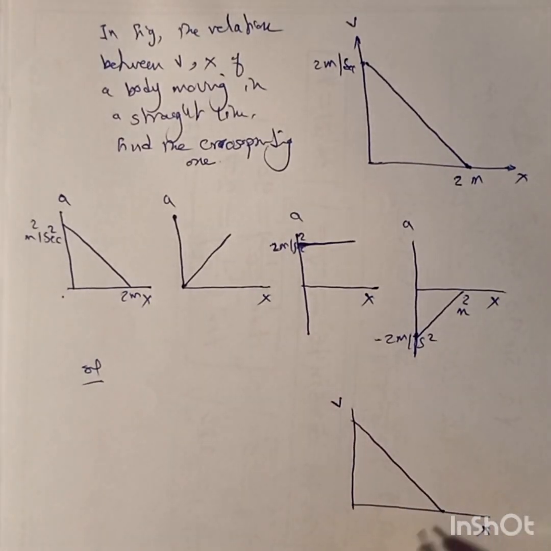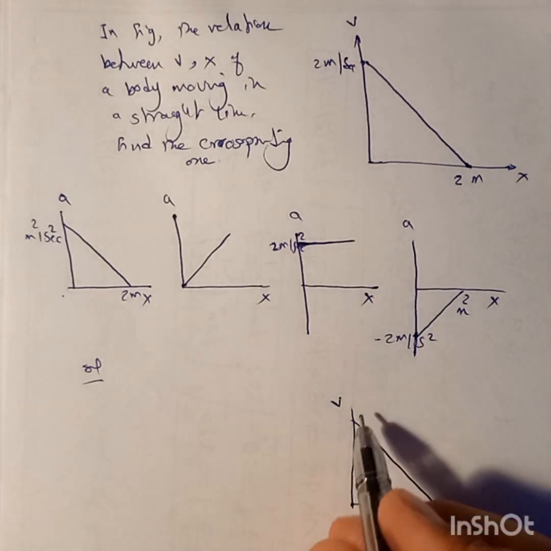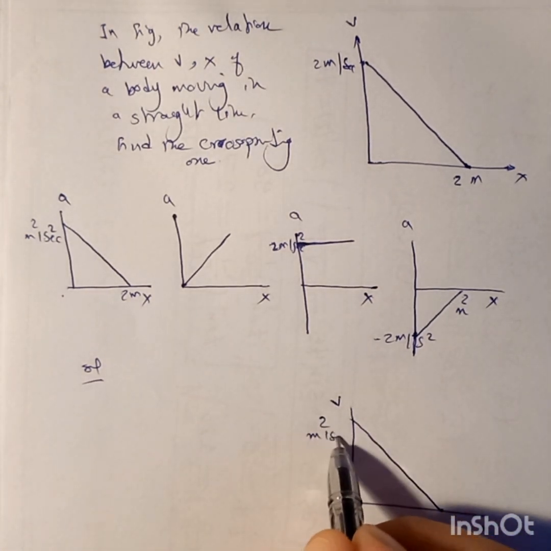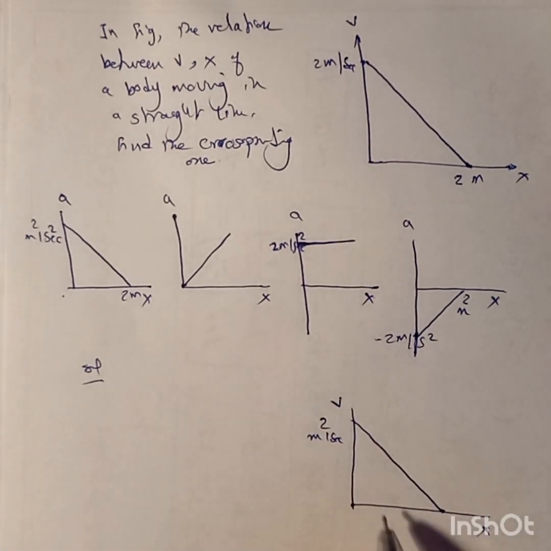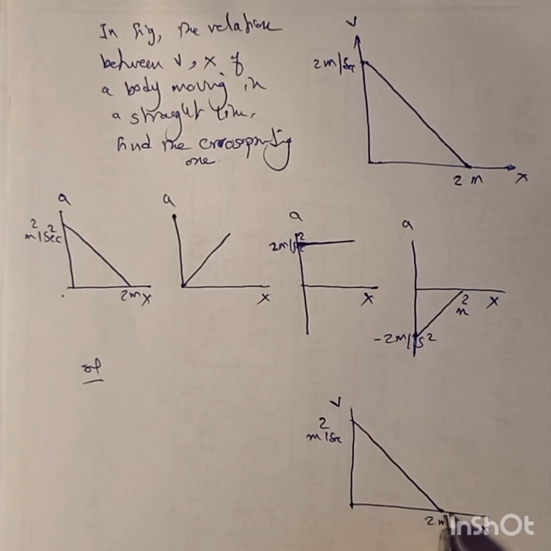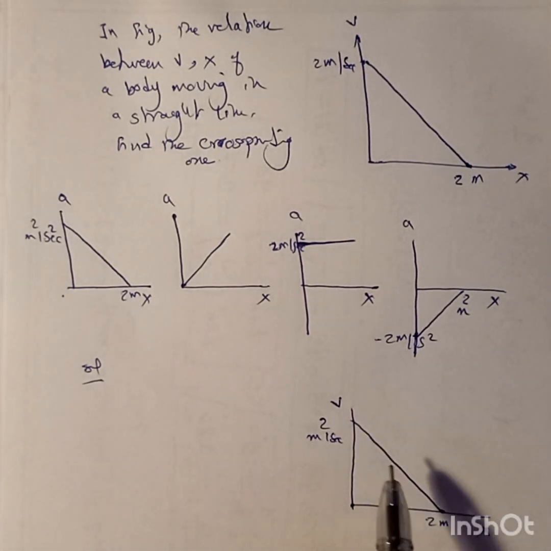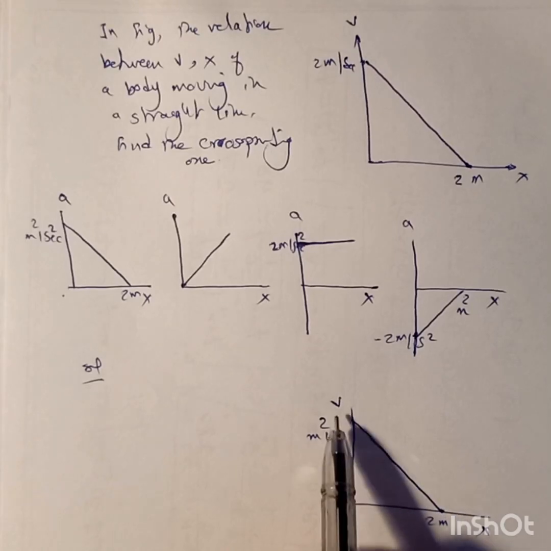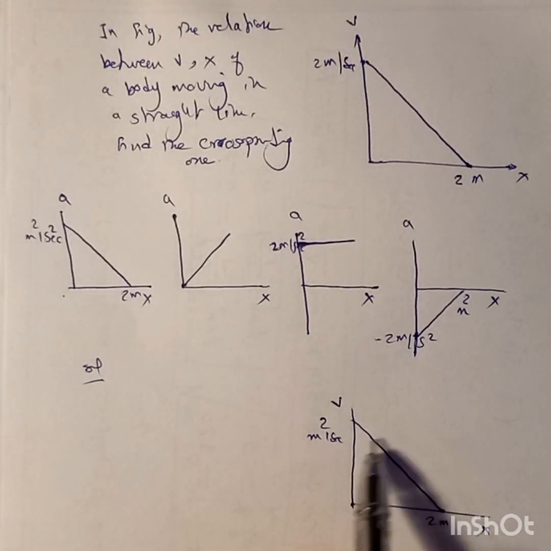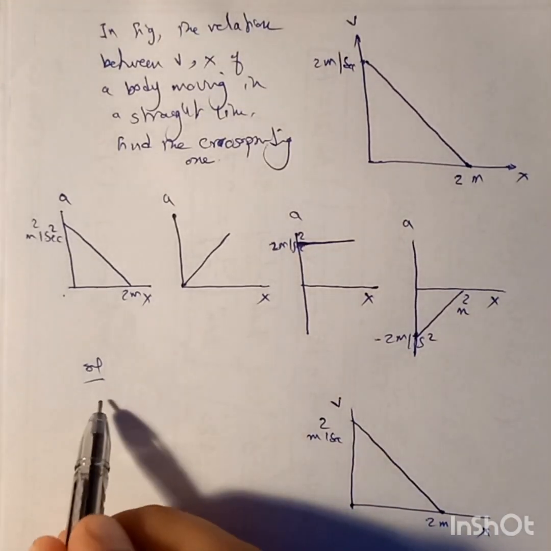Here when x equals 0 we have 2 meters per second. When x equals 2 meters we have v equals 0. First we need to find the relation between v and x by finding the equation of this straight line.